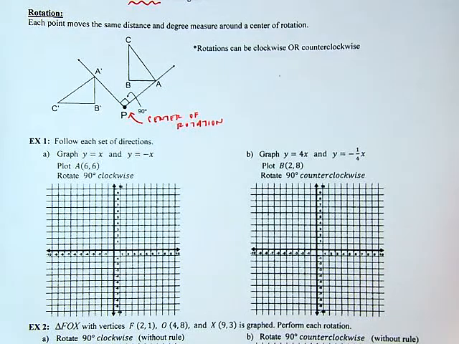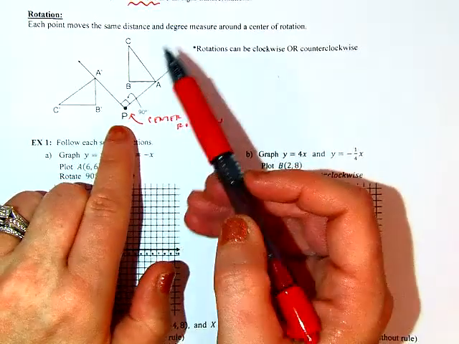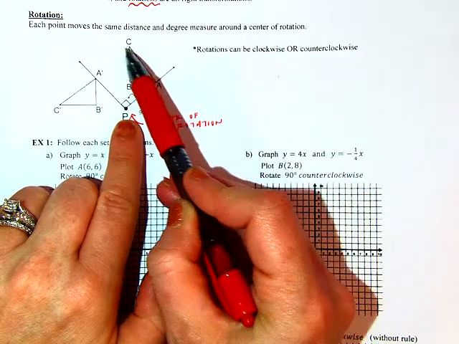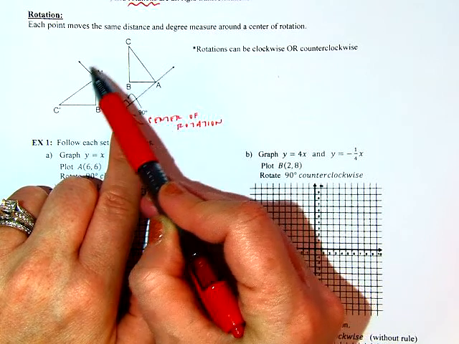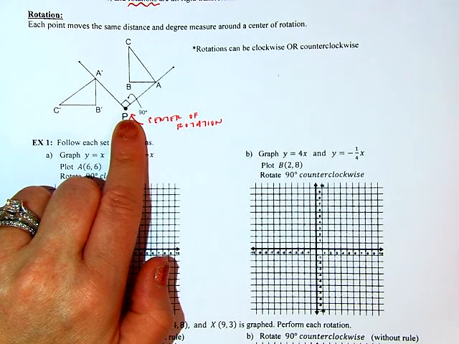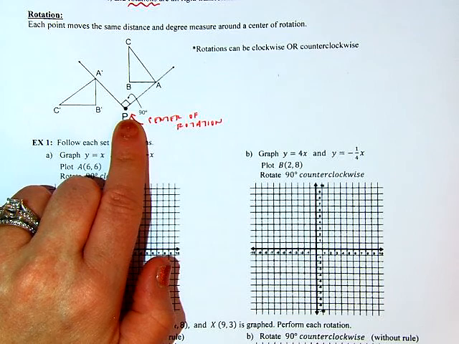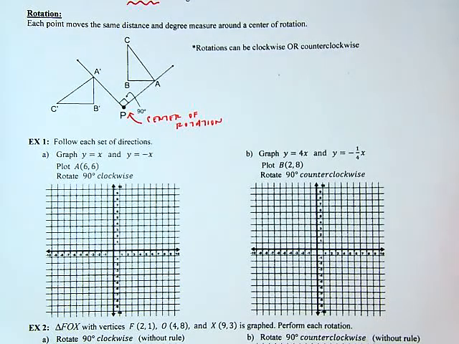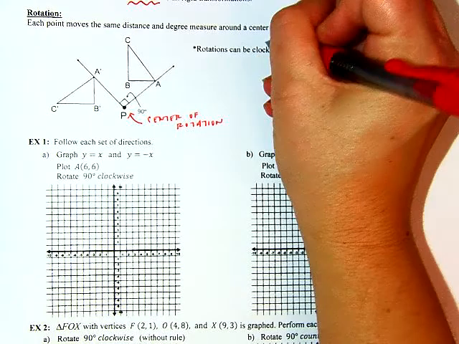In my visual here, we are seeing that our triangle is moving 90 degrees to the left. So it's going against the clock, which means it's going counterclockwise. So rotations can be clockwise or counterclockwise.